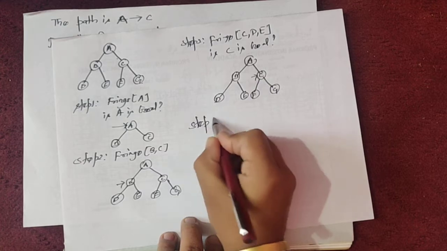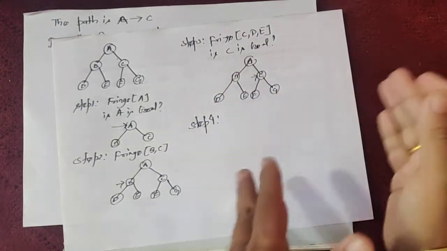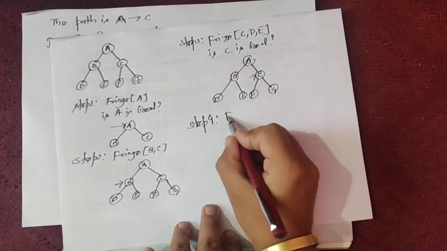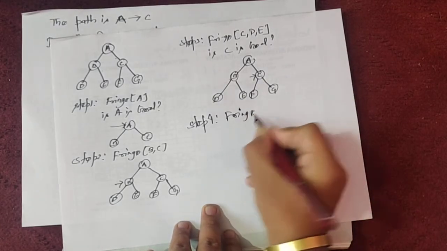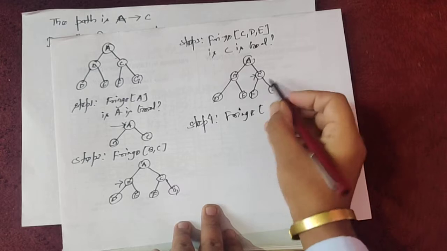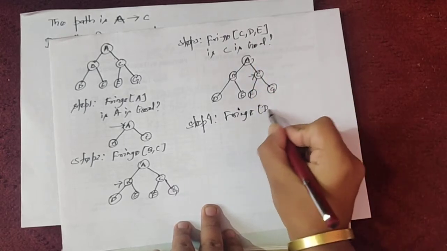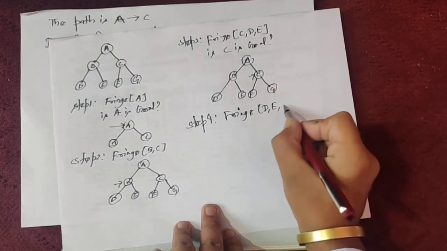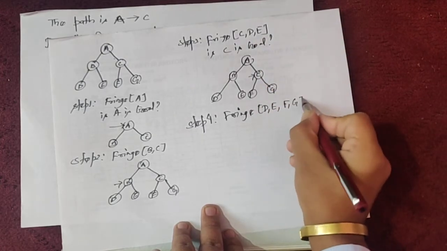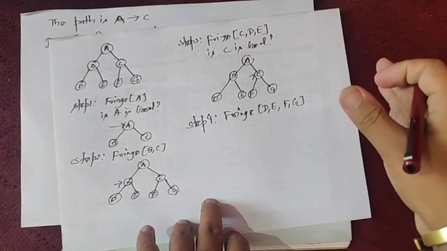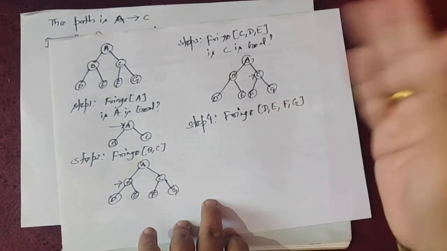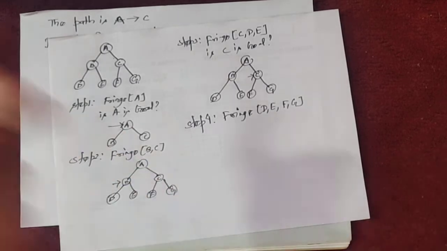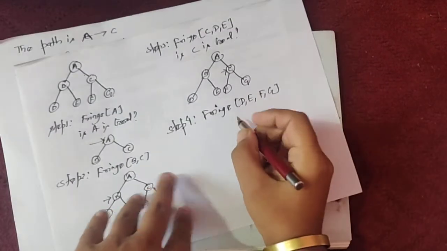Step 4. So now our goal node is G, not C. So friends, since C is not a goal node, D and E, the children of B, are explored, and C's children are F and G. Since it is a queue, D and E are placed in front of F and G. So we check whether D is a goal node or not.